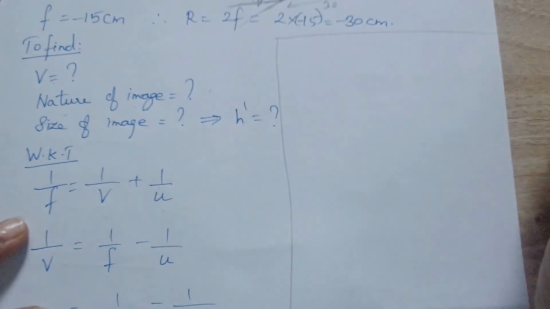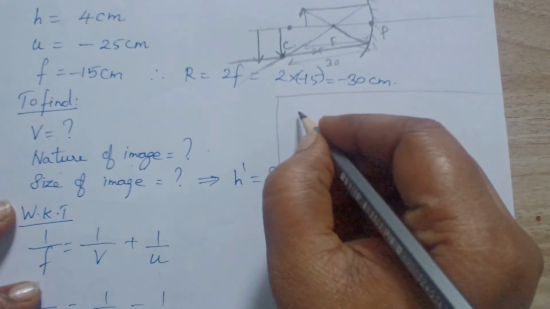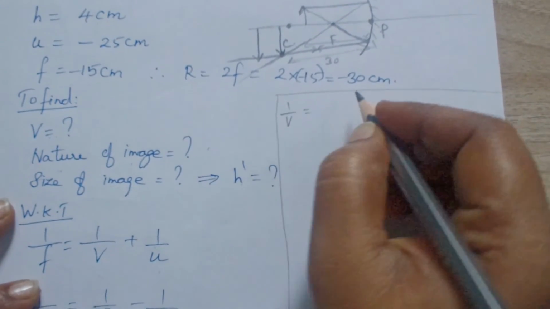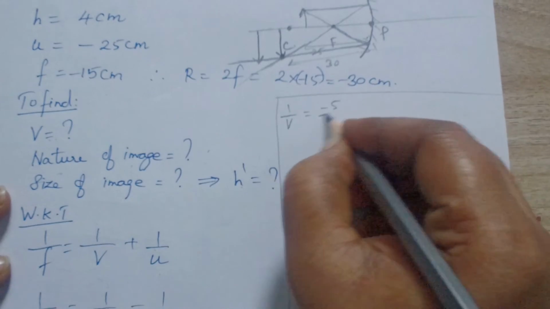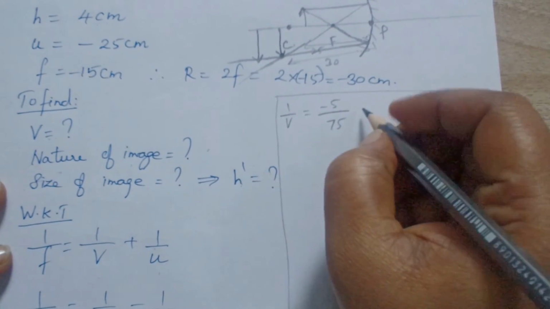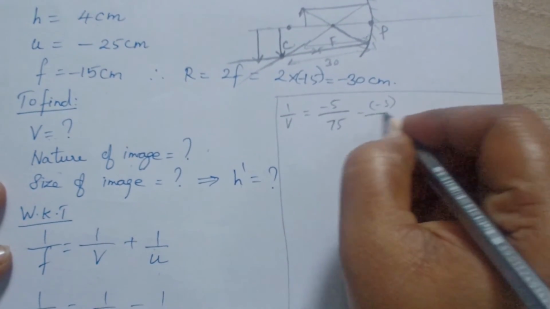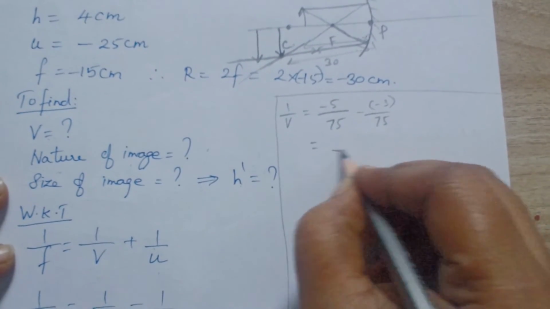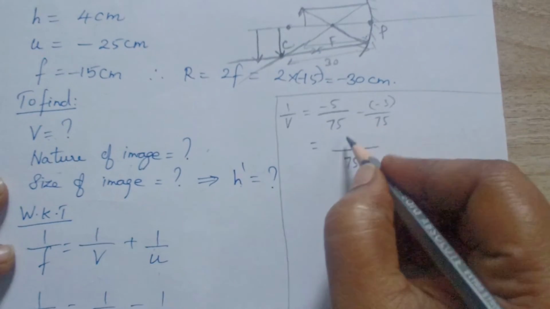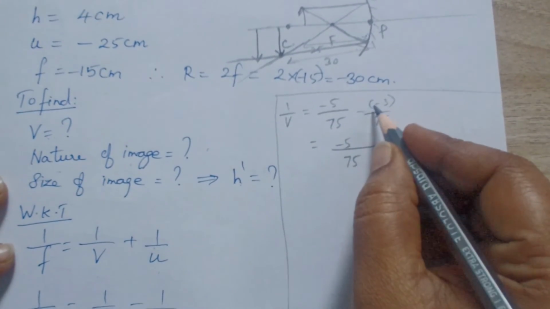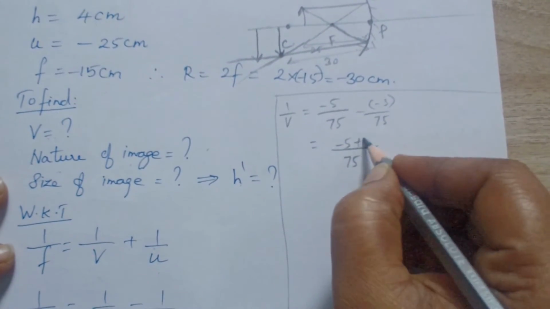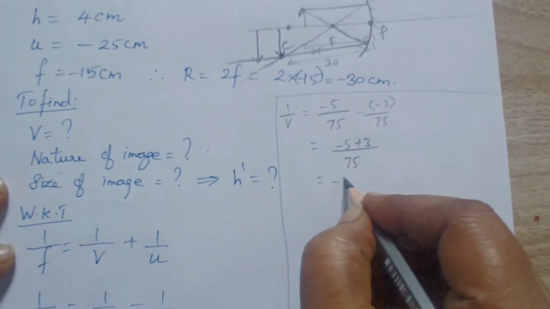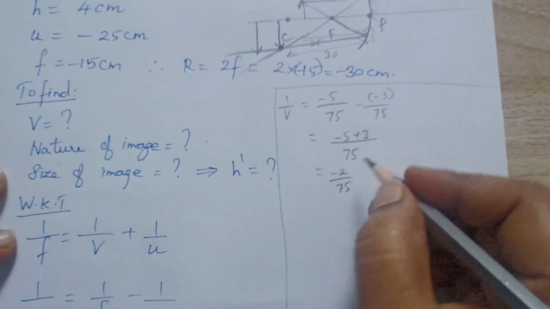So you can solve this here. 1 by V equals minus 5 by 75 minus 3 by 75. That is equal to a common denominator of 75. So now you can separate: minus 5, minus into minus 3, it is plus 3. That is equal to minus 2 by 75.